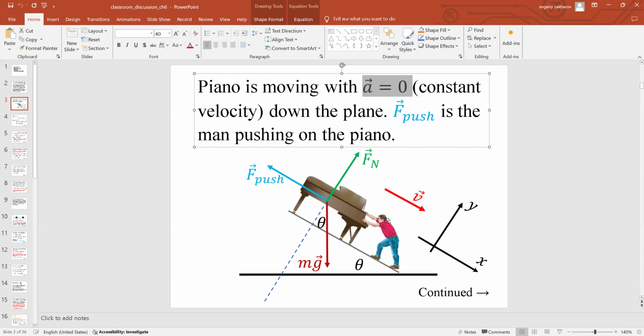And there is a man who prevents from accelerating. So clearly the force from the man on the piano should be the one that slows it down. Gravity is going to speed it up, but the pushing force will prevent it from speeding up, and that's why push force is in the opposite direction.